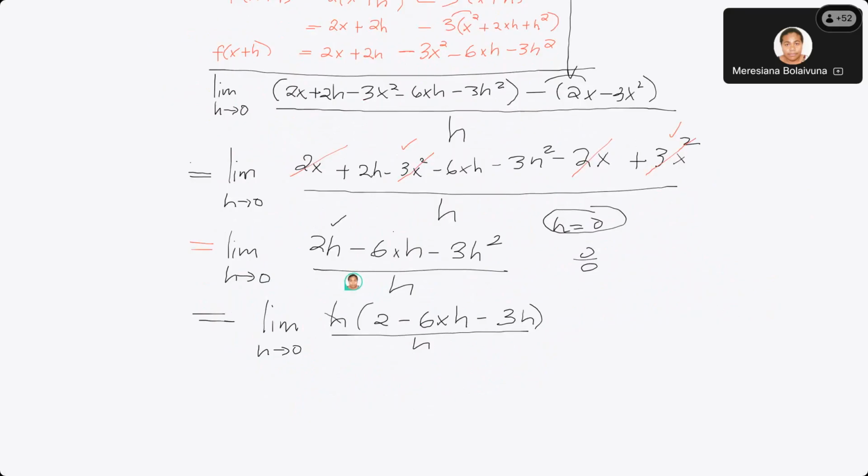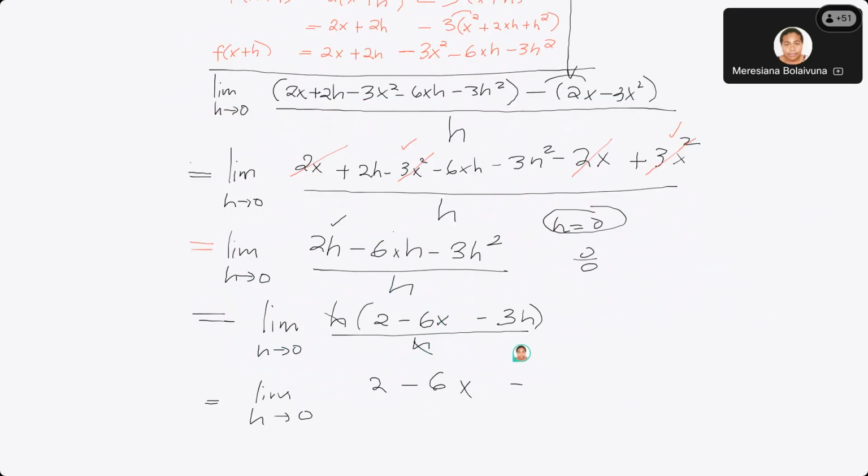When we cancel the common factor, we are just computing the limit as h approaches 0 of 2 minus 6x minus 3h.